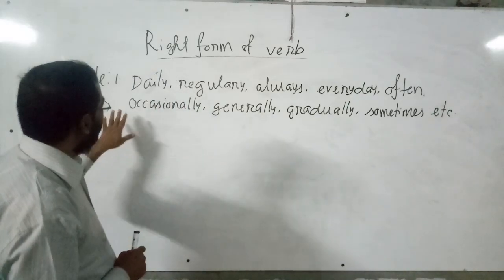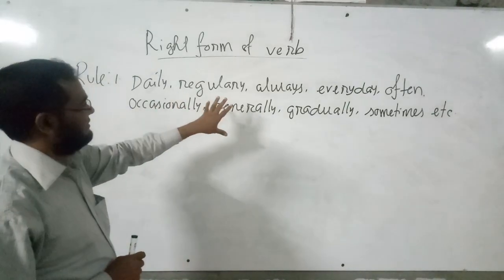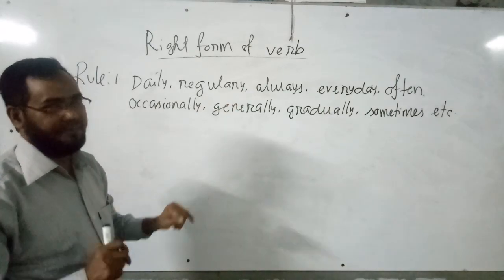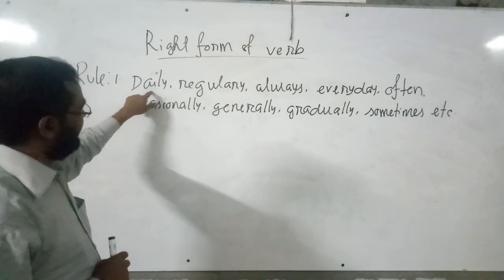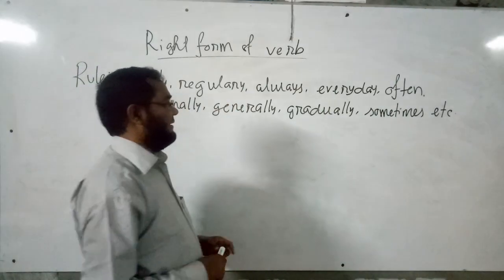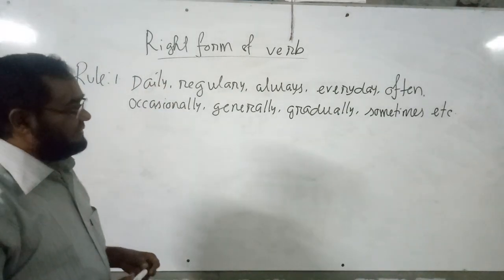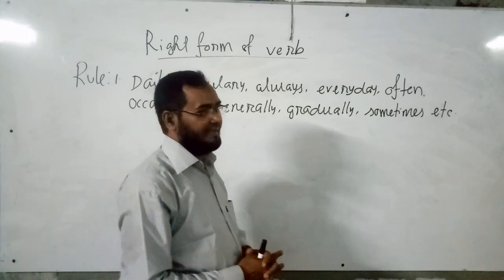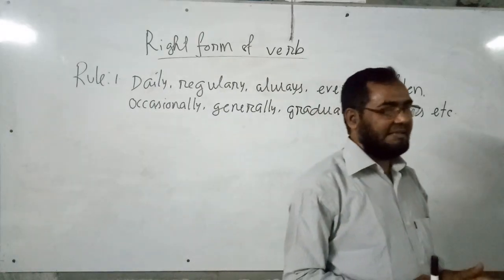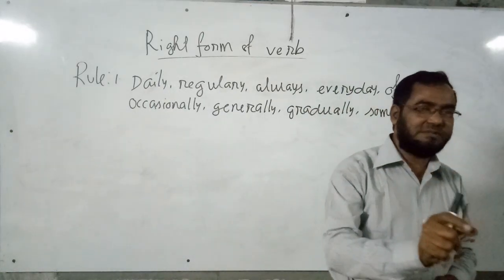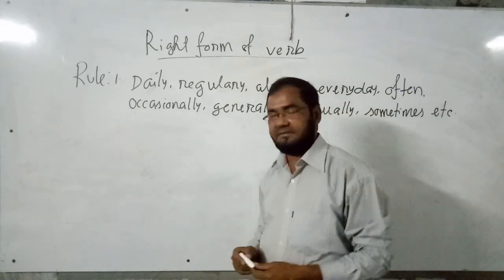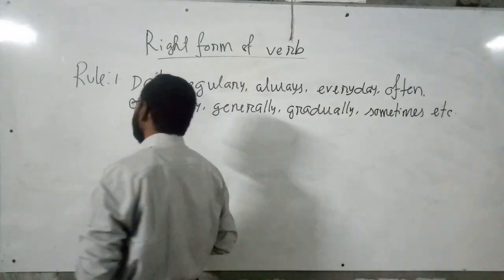I repeat it. If you find such words in a sentence of the passage, that means daily, regularly, always, every day, often, occasionally, generally, gradually, sometimes, etc., in this sentence you have to use present indefinite tense of the verb.